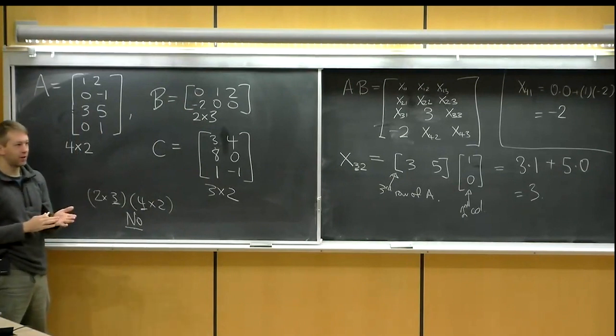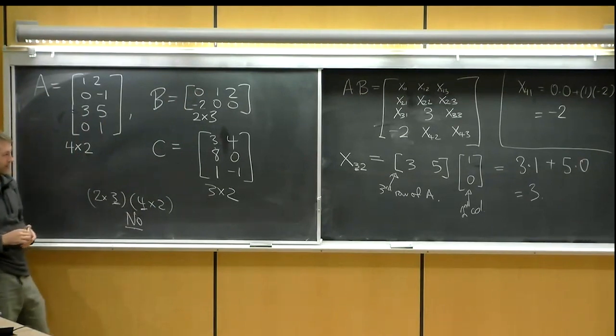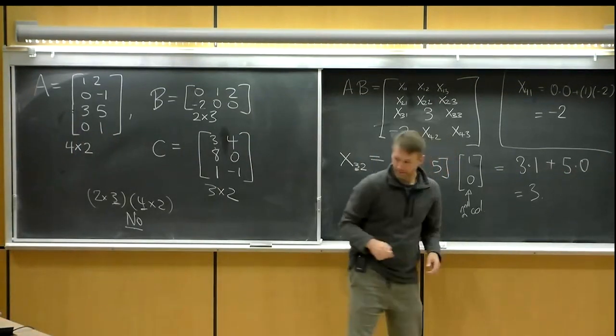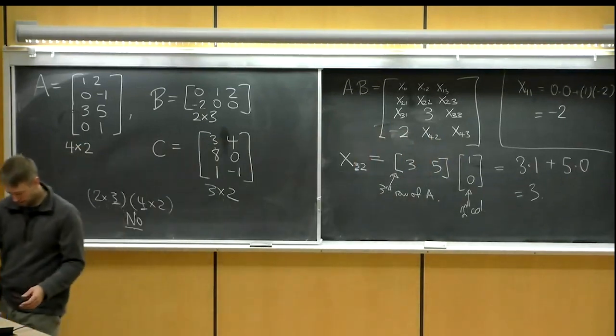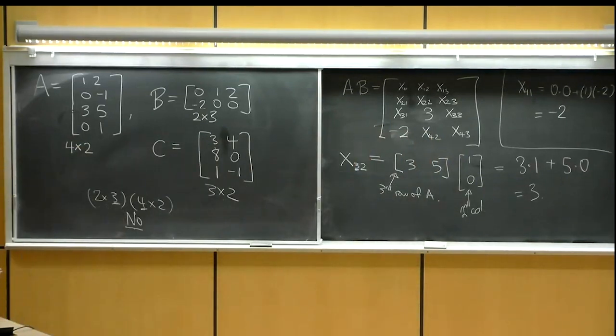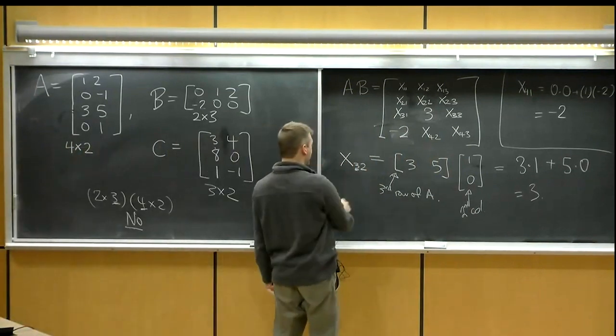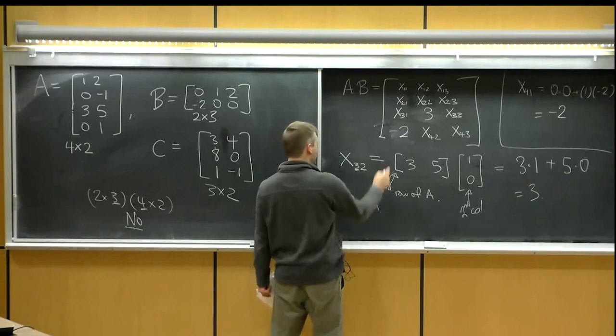Any questions about the procedure here? To be clear, here you would do 12 different calculations to get these 12 different entries.